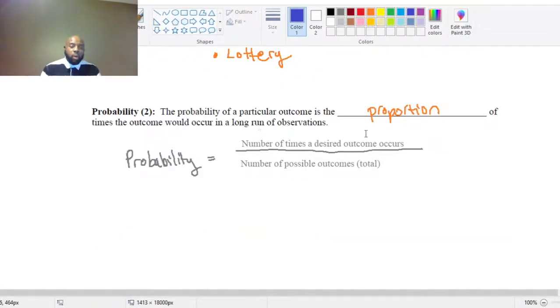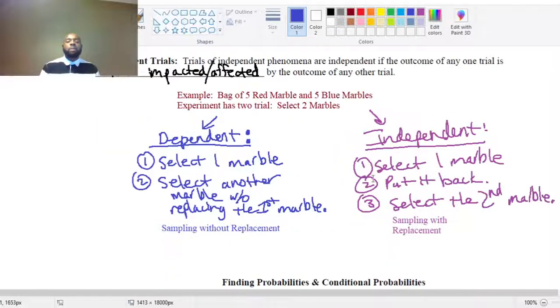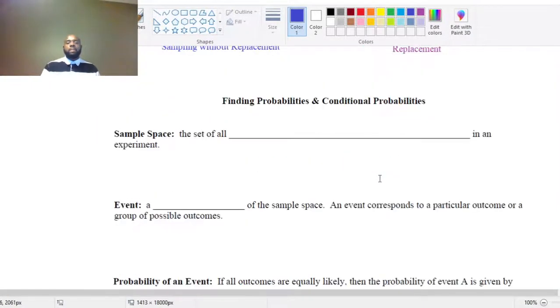Like, what is the proportion of times out of infinity that I will land on heads? That's the probability of landing on heads. Of course, in real life, we can't do an experiment an infinite number of times, and so in real life, we can get some experimental probabilities that approximate the theoretical. All right, and that's what we're going to talk about in the next section.